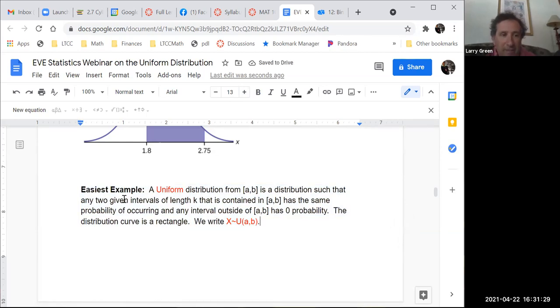Okay, the main piece of today. So we have a uniform distribution from A to B is a distribution such that any two given intervals of length K that is contained in AB has the same probability of occurring, and any interval outside of AB has 0 probability. Okay, the distribution curve is a rectangle.